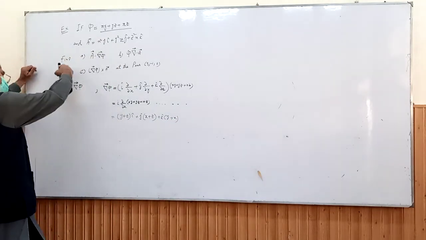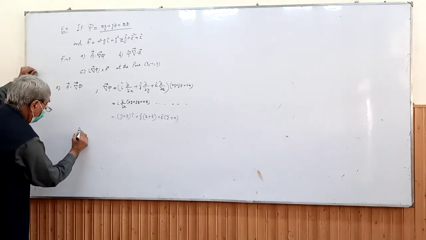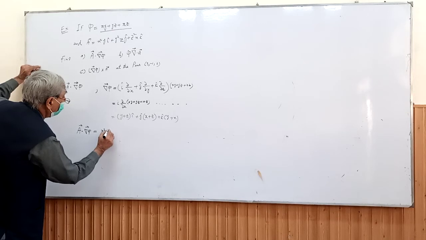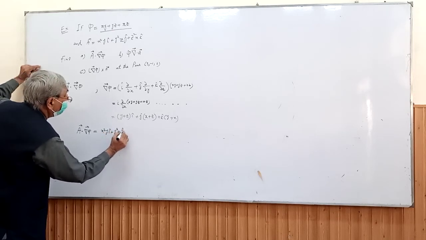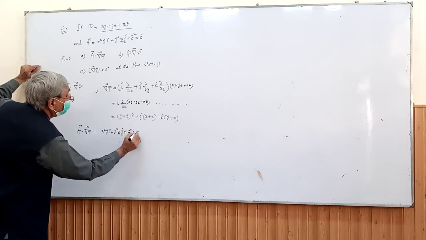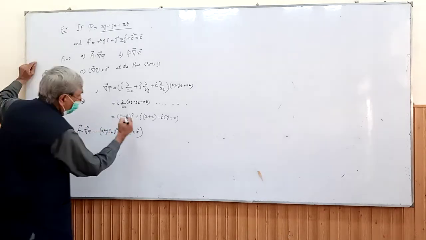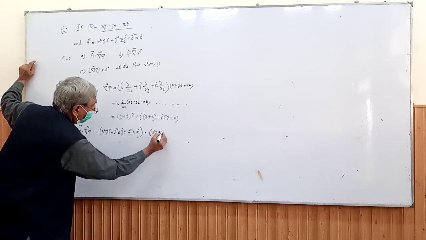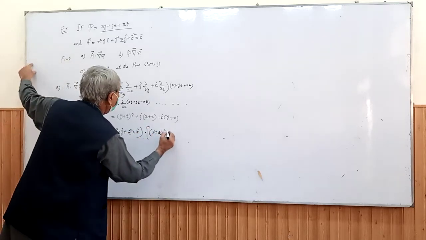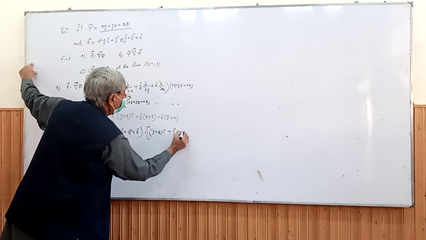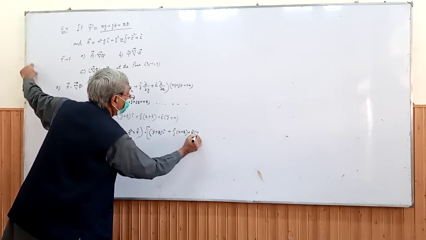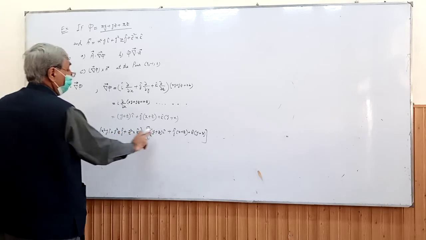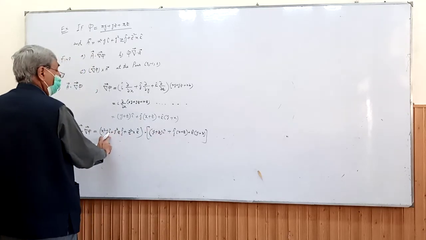Now you can dot it with A. A is x square y i plus y square z j plus z square x k. Since A is a vector and del phi is also a vector, there is a dot between the two: (y plus z) i plus (x plus z) j plus (y plus x) k. Dot means i dot i is 1, i dot j is 0, i dot k is 0.